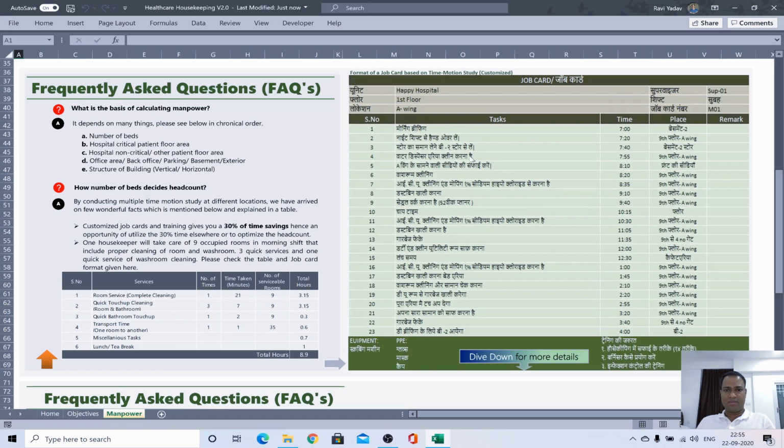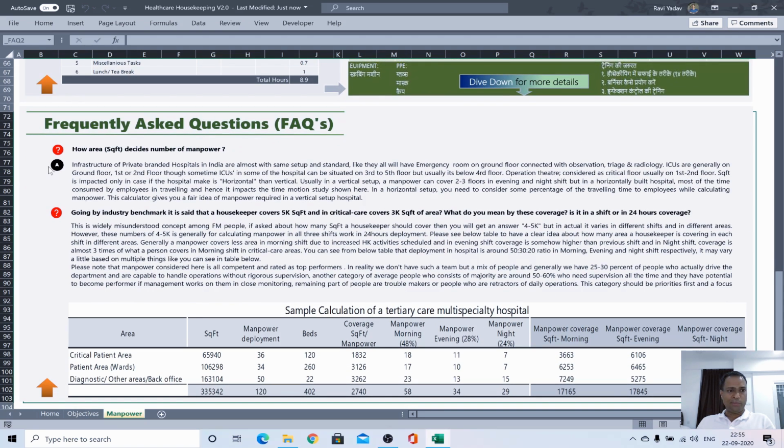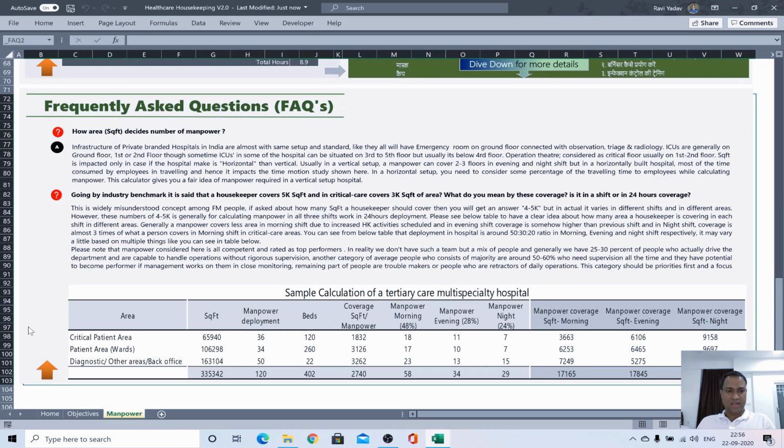He has something to refer to: what he is supposed to do, at what frequency, when he will go for a break, and what the supervisor will check. This is a reference point not only for the housekeeping boy but for the supervisor as well, because he comes to know what things should be finished by what time. If you go down there are other questions. If you refer to this Excel file, you can find out. Here are the findings on the basis of which the manpower calculation has been done.